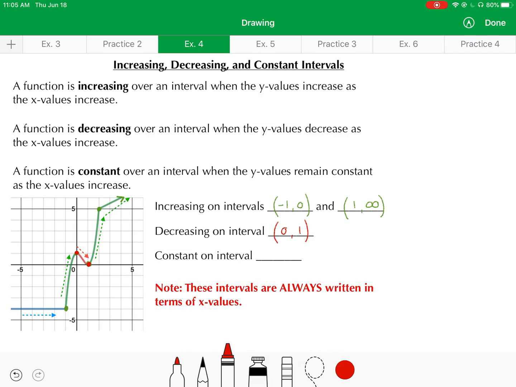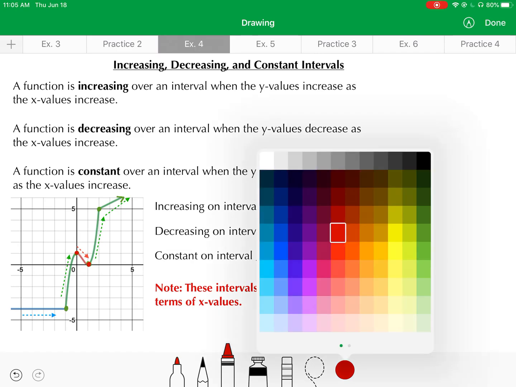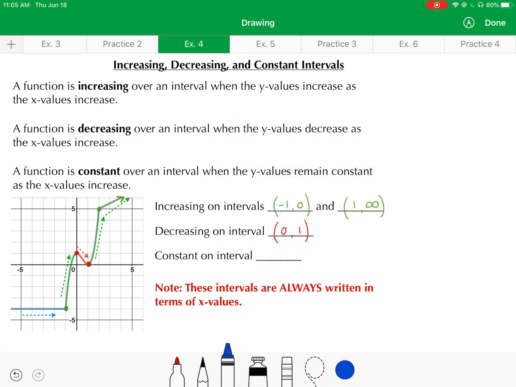And lastly, your function's constant when your y values remain the same as your x values are increasing. So your y values are constantly the same number. Graphically, that just means any section of the graph where you have a horizontal line. In this case, let's consider this to have an arrow at the end there.